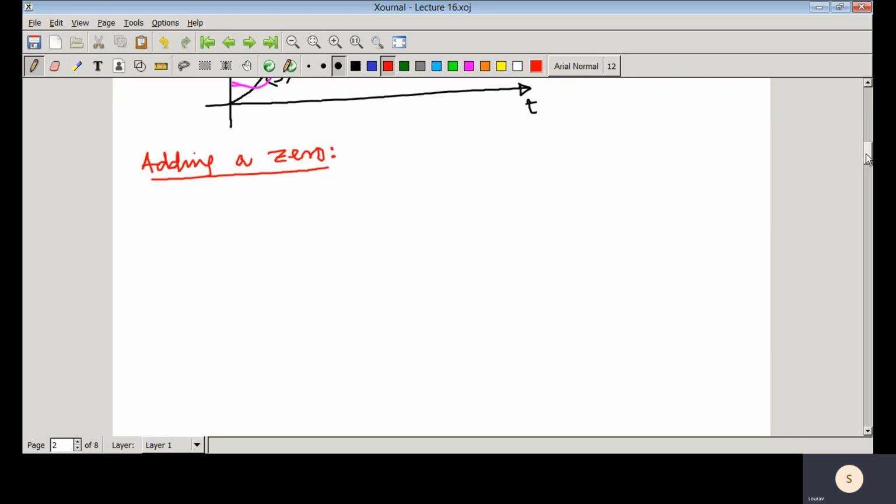Here we can understand that suppose we have a transfer function G(s) equal to 1 by s square plus 1.